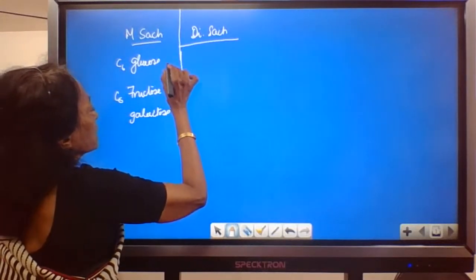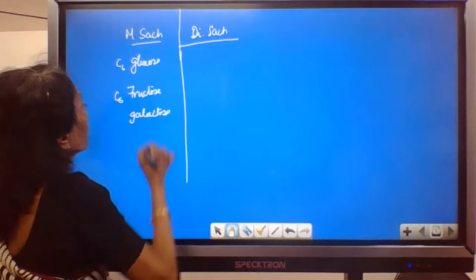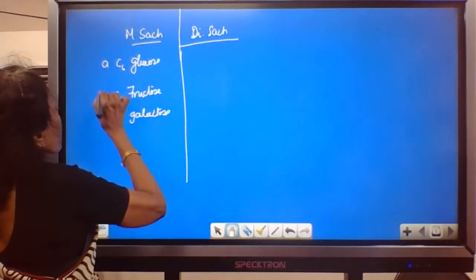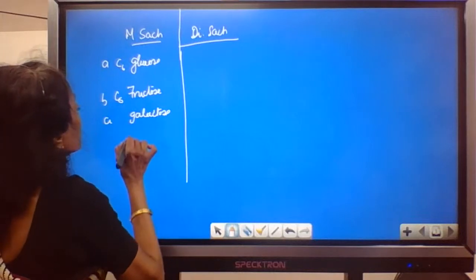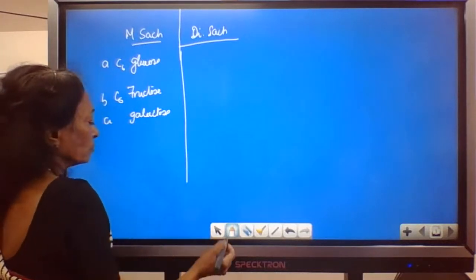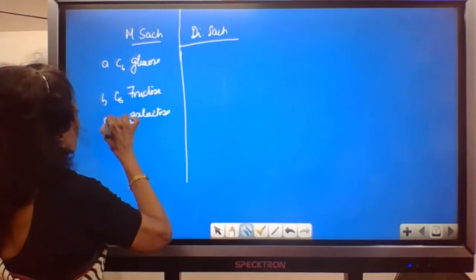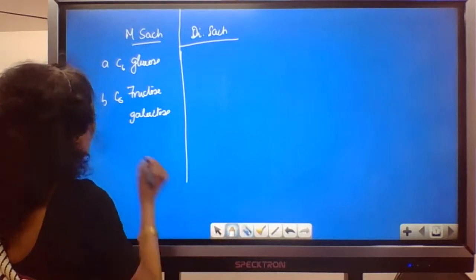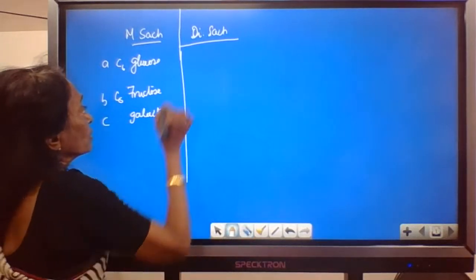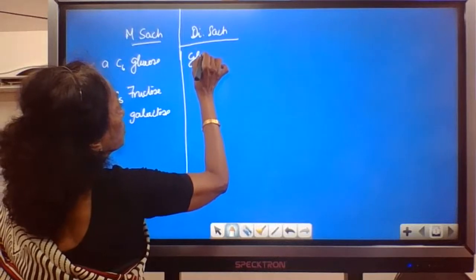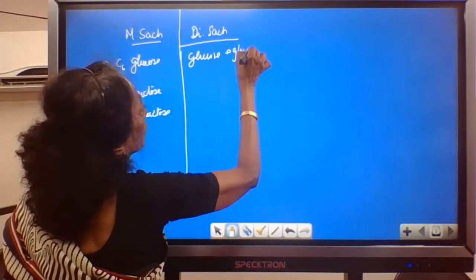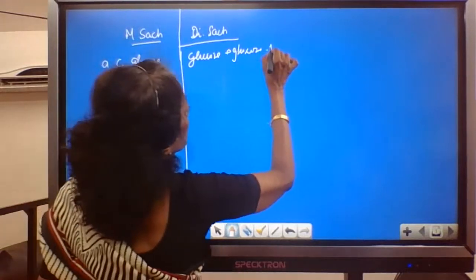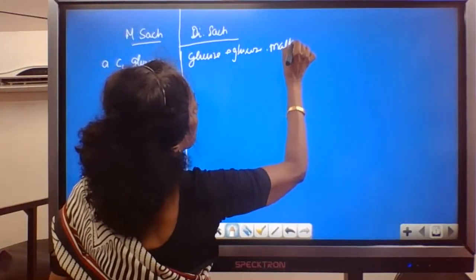Now disaccharides are any of these 3. That is, if you consider A, B, C: A plus A, or A plus B, or A plus C. So it can be glucose plus glucose. You call that maltose.